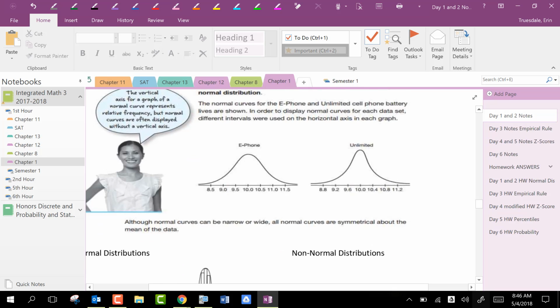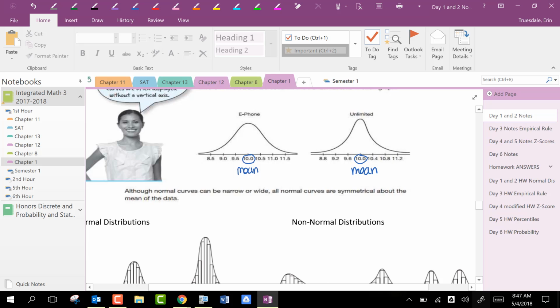So anytime you see this sort of bell-shaped curve, that's what we call the normal curve. And so we're going to say that these values are our mean. Then we'll talk about standard deviation on Monday, but this represents how far away from the mean it is, our standard deviation.